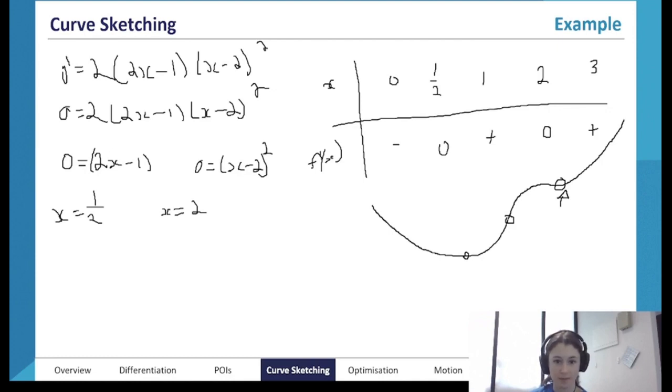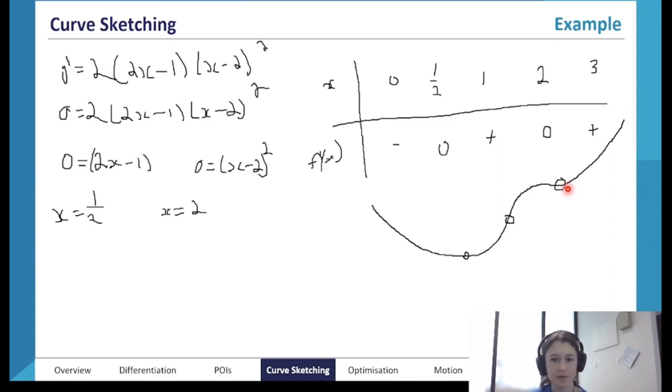Oh, sorry, it is a point of inflection. My mistake. This one is also a point of inflection because the concavity around that point also changes: here it is concave down, and then here it is concave up. My mistake. So we do have 2 points of inflection here, and at this point here we have a stationary point and a point of inflection.